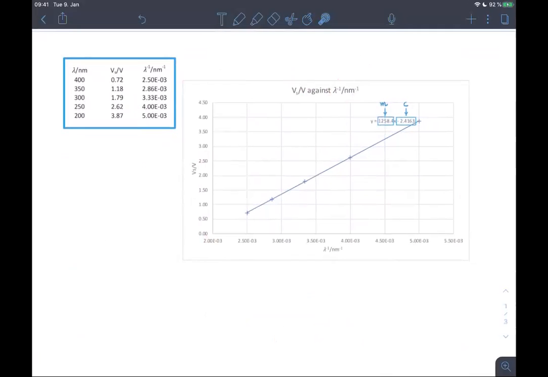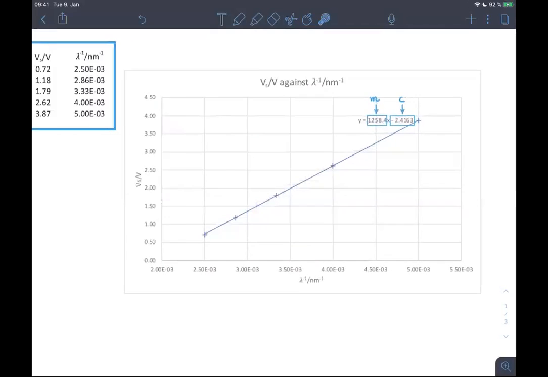I am also showing this straight line equation, y is equal to mx plus c, which is the equation of the best straight line we got here, already with the values shown for the gradient and the y-intercept.